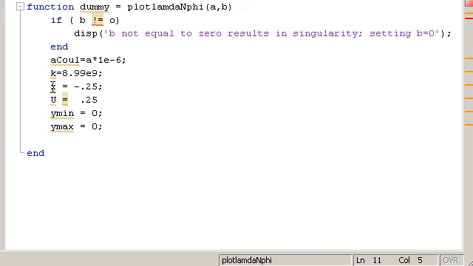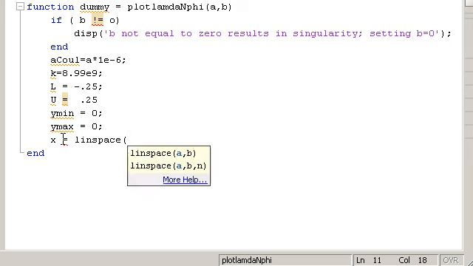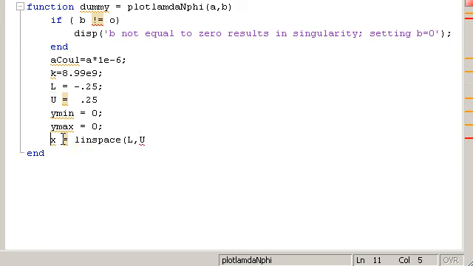So x equals linspace from L comma U, and that's actually x prime, and I'll have 100 values in there.